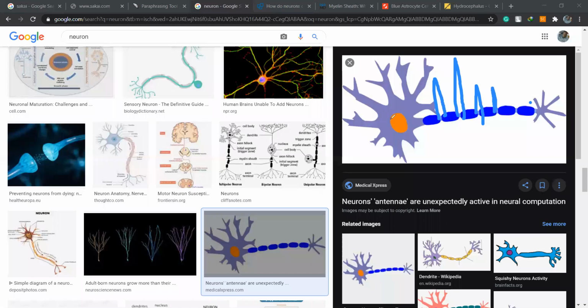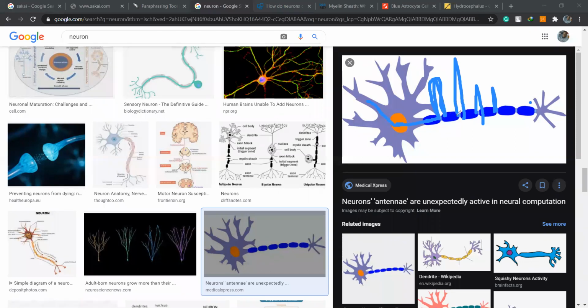So it means when information starts from the dendrite, then it moves to the cell body, then it moves to the axon hillock, and it gets to a myelin sheath. Information is very fast until it gets to the nodes of Ranvier, then an action potential will take place, leading to a jump.